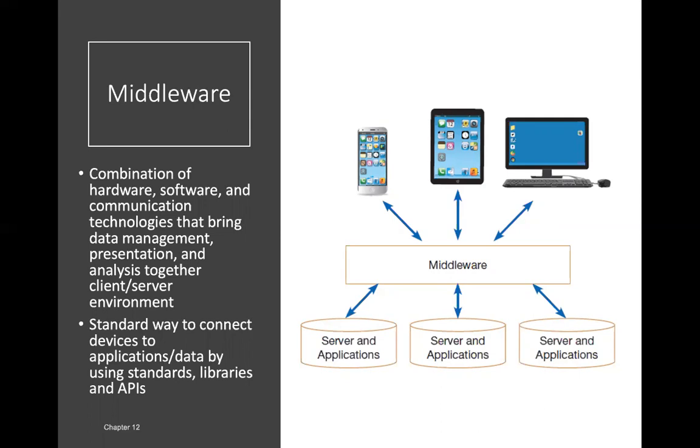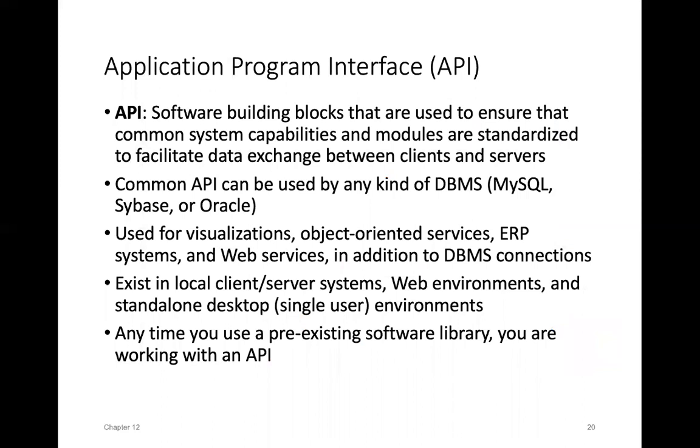What else do we have? We have APIs, application program interfaces. These are the software building blocks used to ensure that common system capabilities in the modules are standardized to facilitate data exchange between different clients and servers. They can be used on any kind of DBMS, database management system, like MySQL, Sybase, or Oracle, though Sybase is not around anymore.